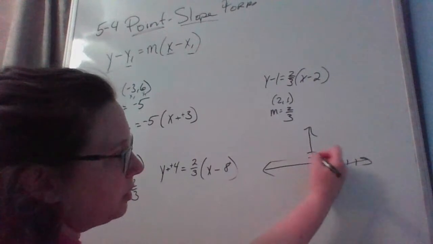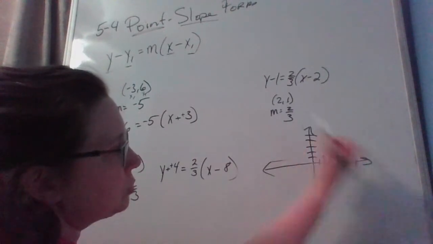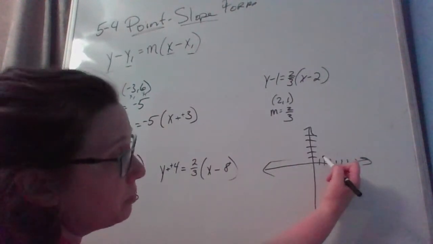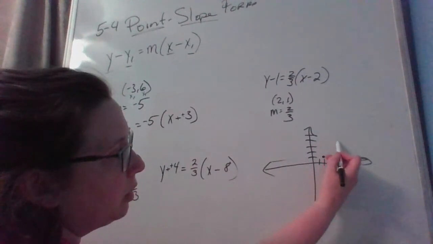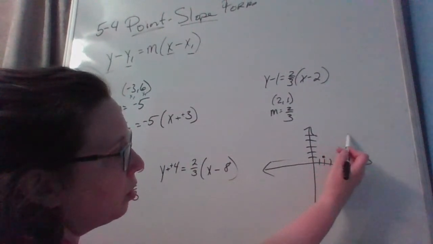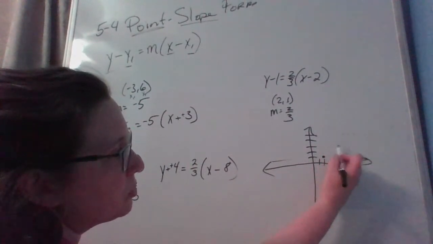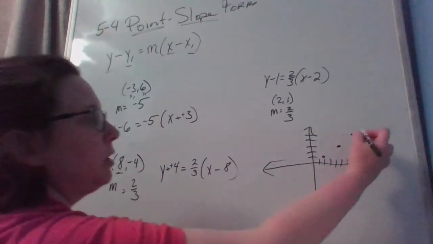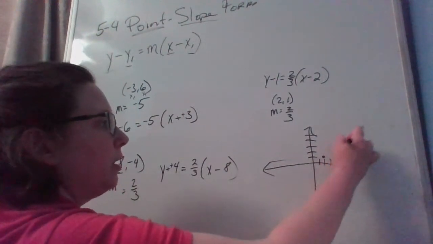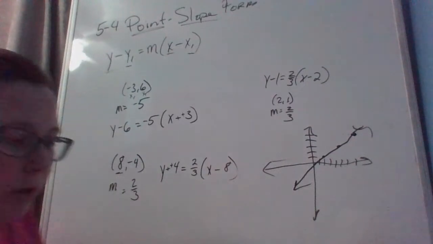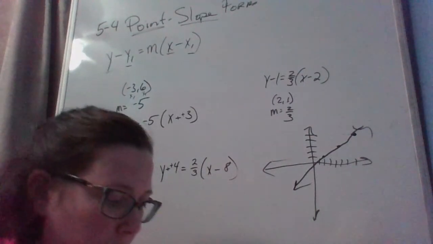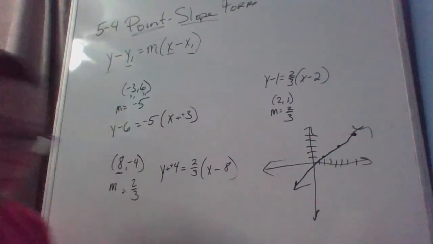So in this case, our slope is positive 2/3, so we're going up 2, over 3, up 2, over 3. So our next 2 points would be there and there. We can connect those points, make our line, and we are good to go. Try that. Got it 2.